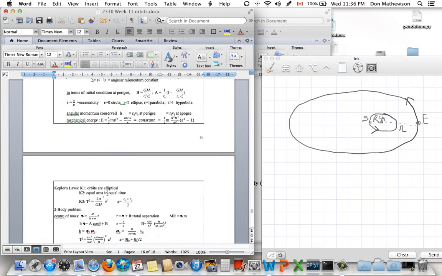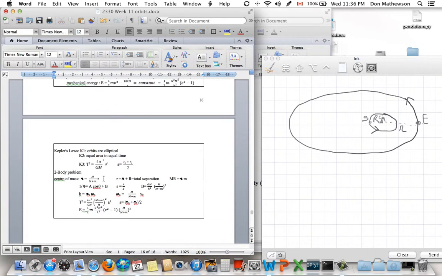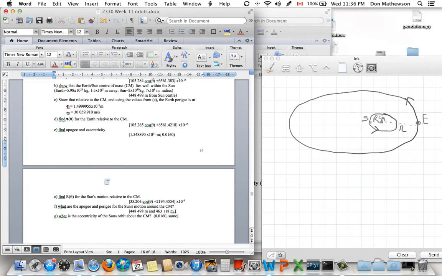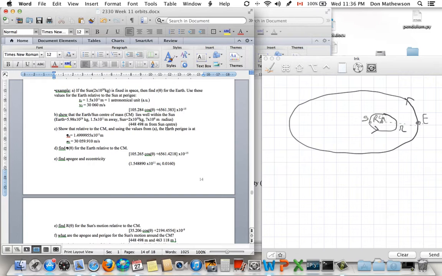Over here for you? Nope. Yes, over here. Here are your center of mass relationships. So use those to figure out where the Earth-Sun center of mass is and show that you're basically inside the Sun. Well, the Sun is like 700 million meters of radius, and the center of mass is only 450 kilometers from the center. So clearly you're well within the Sun.